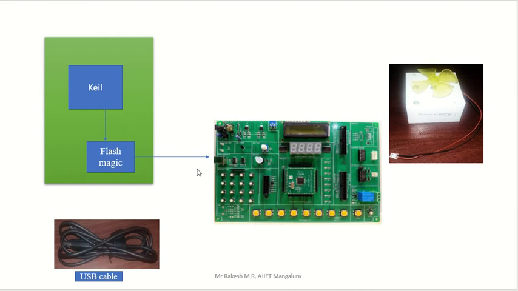The connection between your computer and your LPC2148 kit is by using this USB cable. The USB cable will transfer your program. Also there is a power line in your USB cable, so the power supply required for the LPC2148 is also supplied by your computer to the kit.